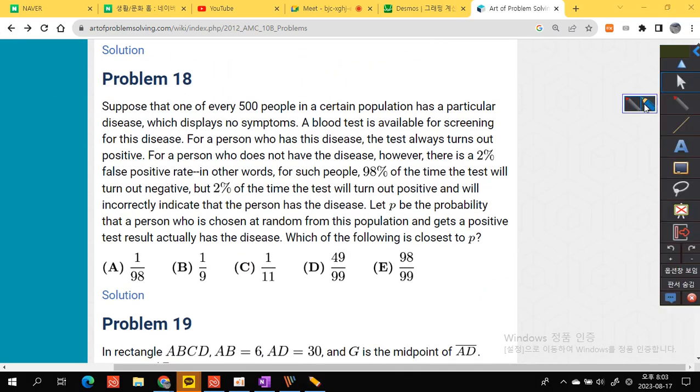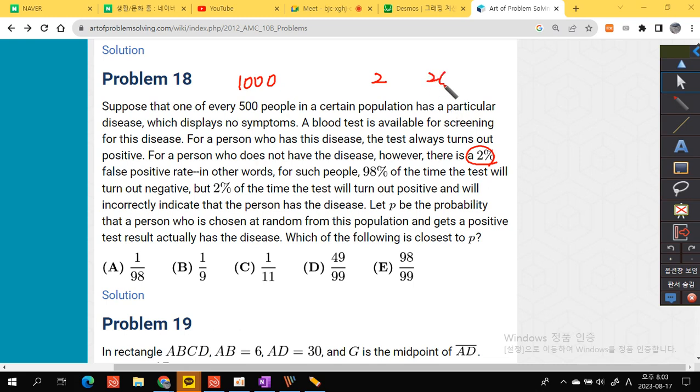And in this problem, let's say there are 1,000 people in a town, and that means two people have the disease, because one of 500 has the disease, and there is a test. So these two people will have the positive result, and when the false positive rate is 2%, 2% of 1,000 is about 20.